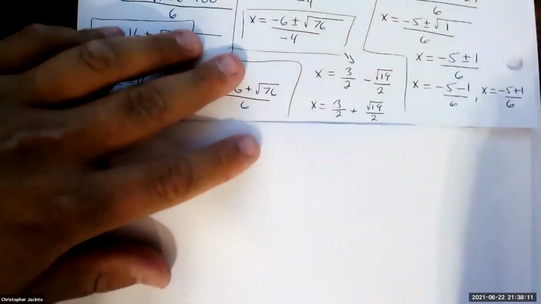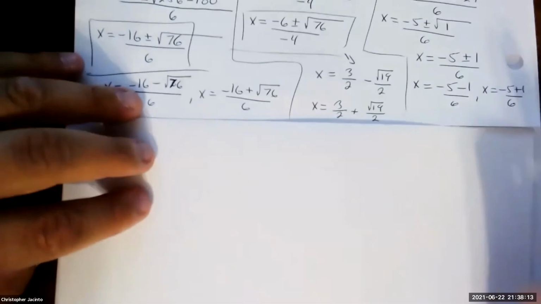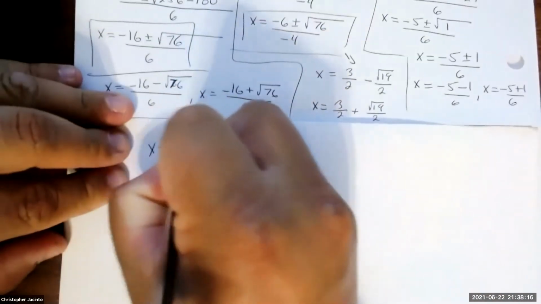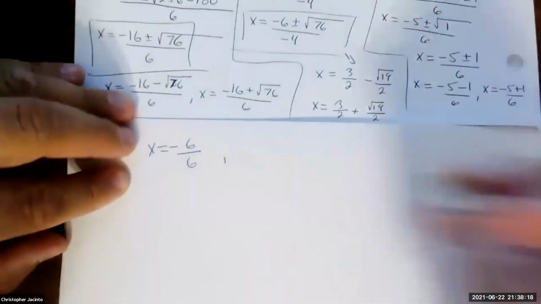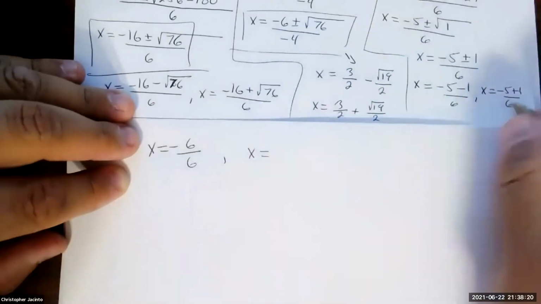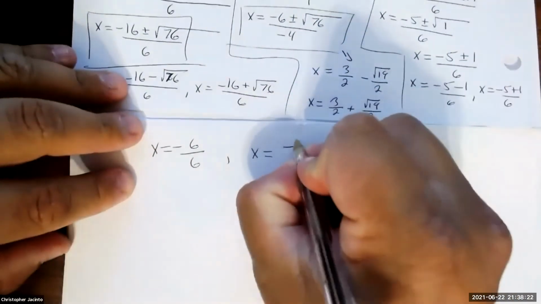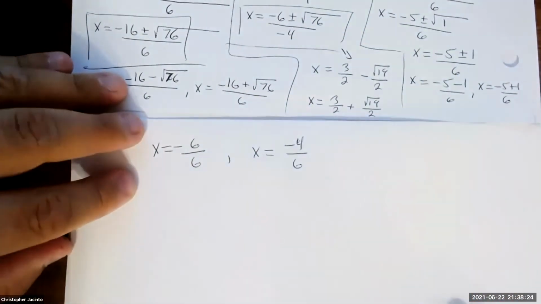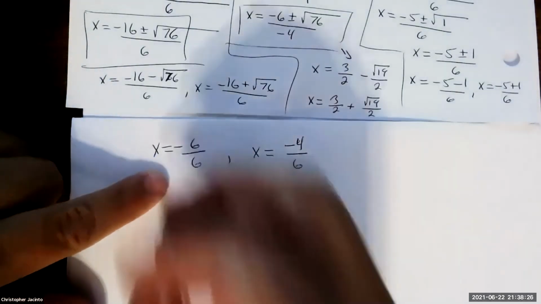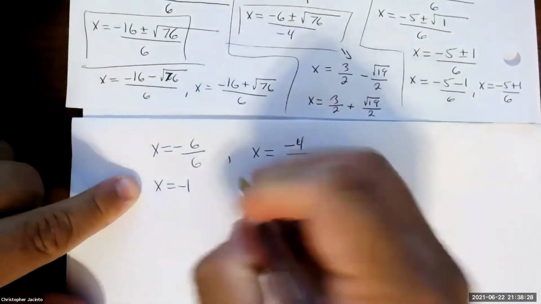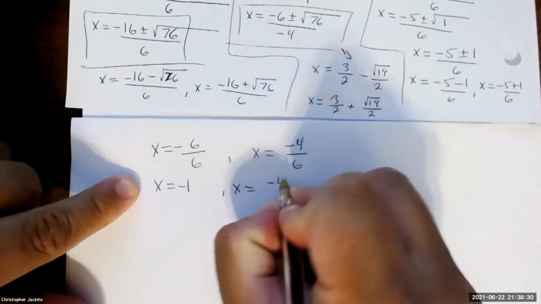So these end up giving really nice numbers because negative 5 minus 1 is negative 6. And over here you get negative 5 plus 1 gives you negative 4 over 6. So this one's just negative 1. And this is just this one itself.